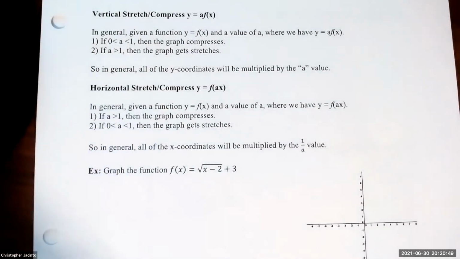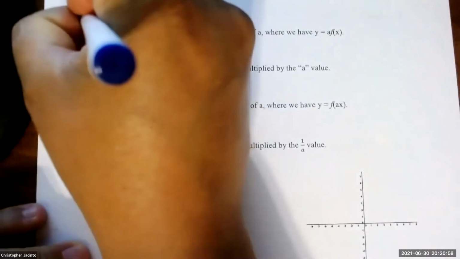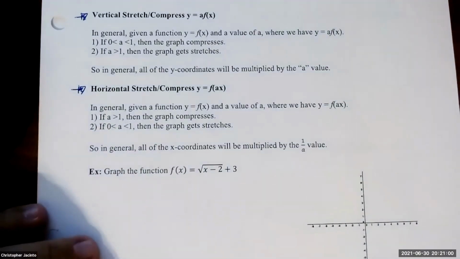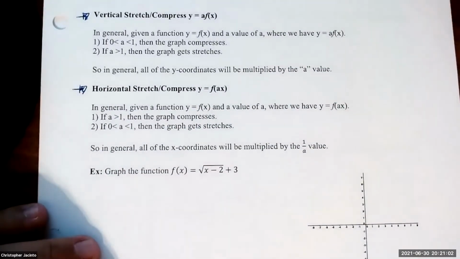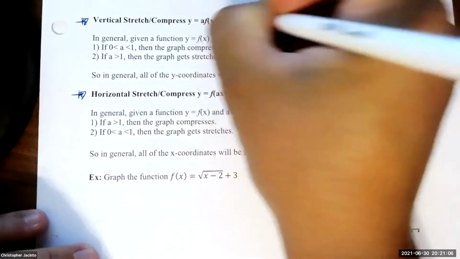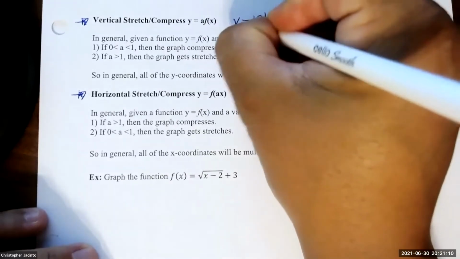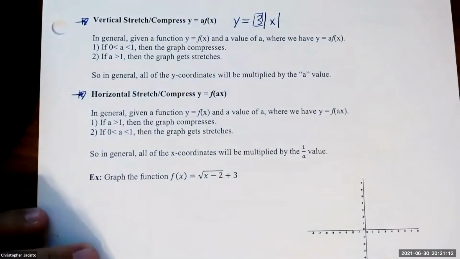Okay. So vertical stretch and horizontal stretches are not as common, but I do want to talk about them because they do tweak it depending on what you have. Okay. So a vertical stretch looks something like this, where you have a number outside of the absolute value, the parenthesis, the square root.